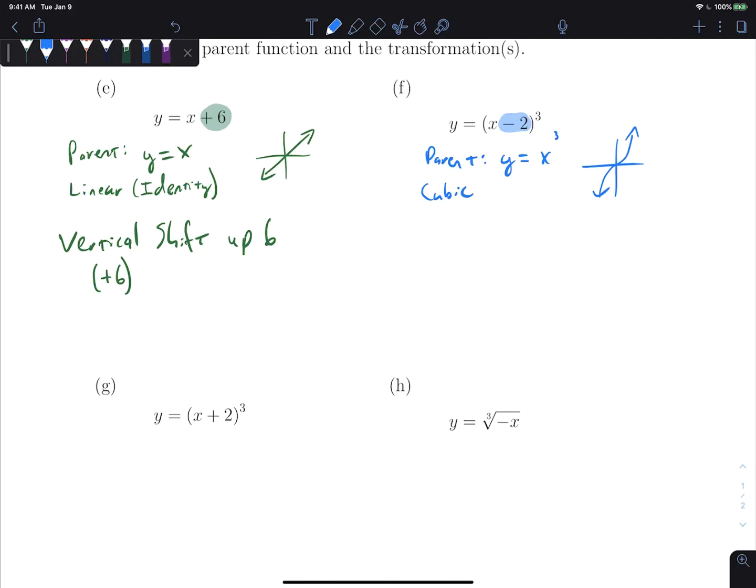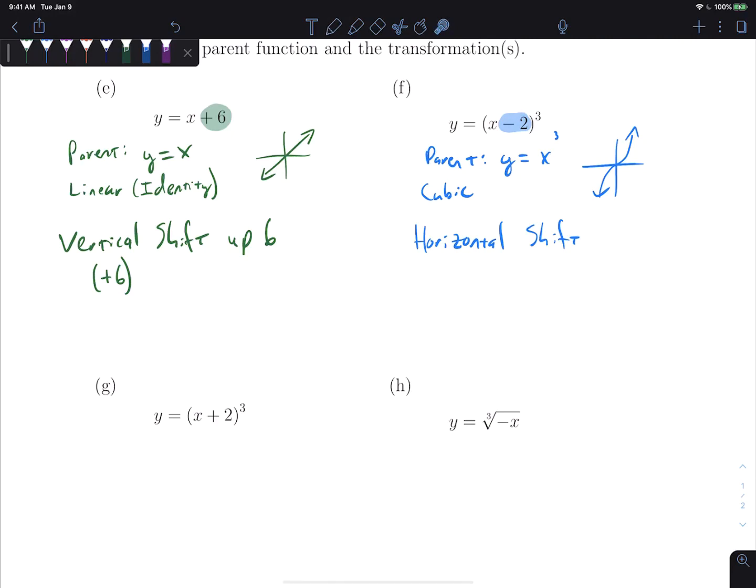Wonderful. Now let's talk about what this negative 2 does. It's inside the parentheses with the x, so this is going to be horizontal. And remember, when we are adding or subtracting like we're doing here, that's going to make this a horizontal shift.